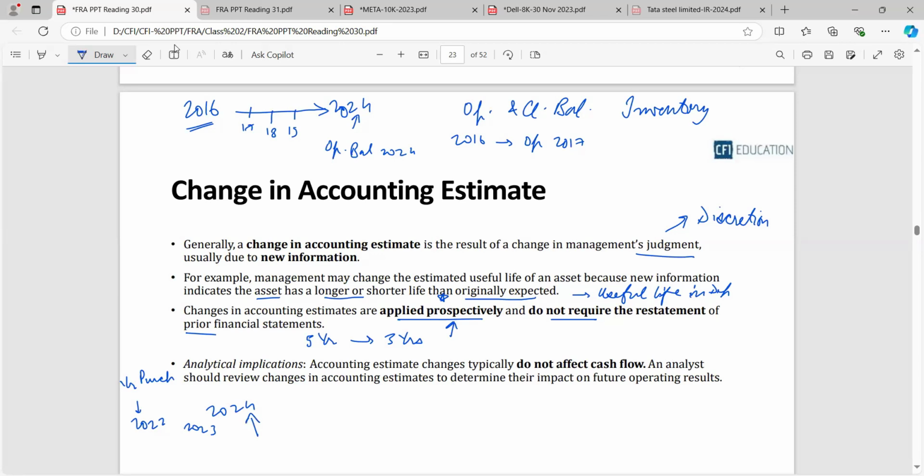With the coming of this technology, you are able to determine that instead of 5 years, the new life should be 3 years only, because this is the final year of application. So how will you proceed with this? The depreciation already taken in 2 years is taken, it is already accounted. But now since it is the last year of operation for your asset, the remaining asset value, as I gave you the example in WDV yesterday also, all the remaining value would be a part of 2024's depreciation.